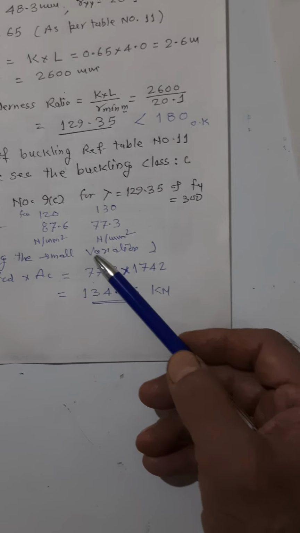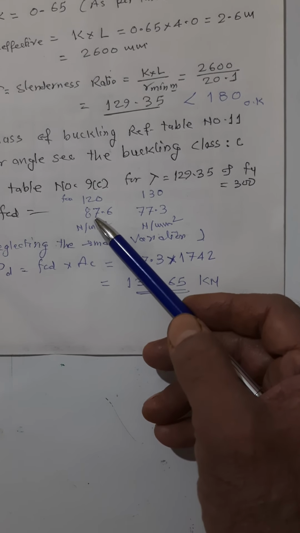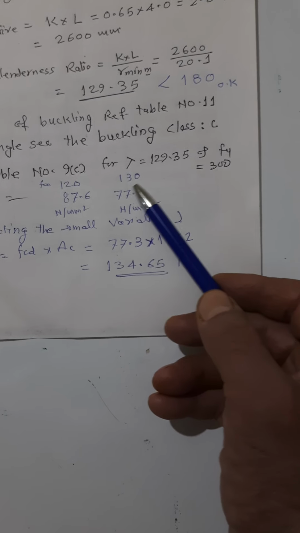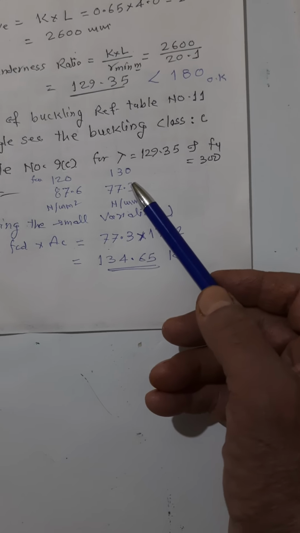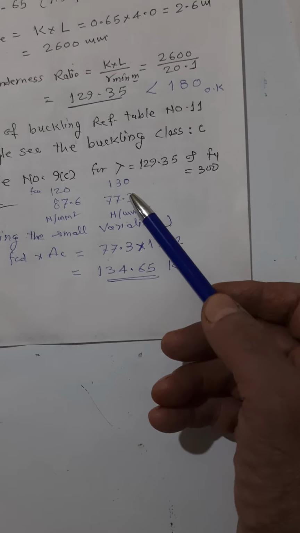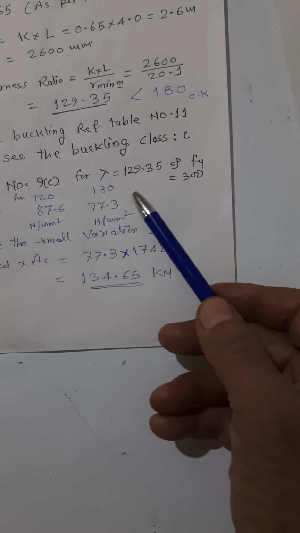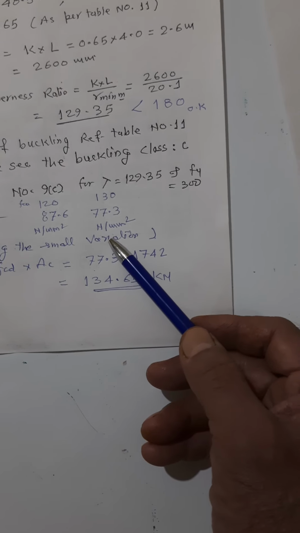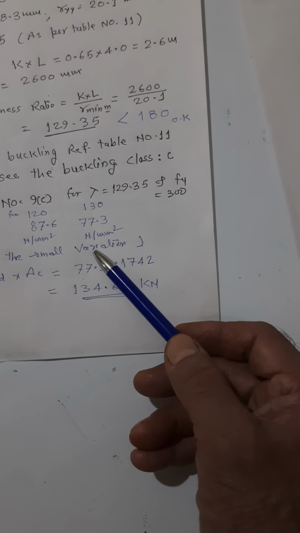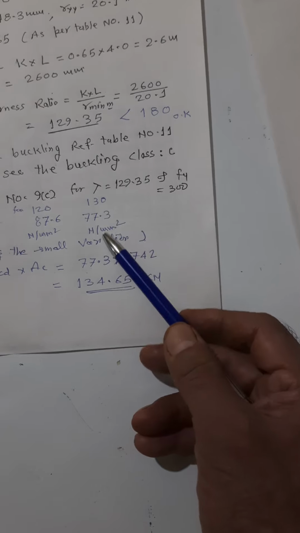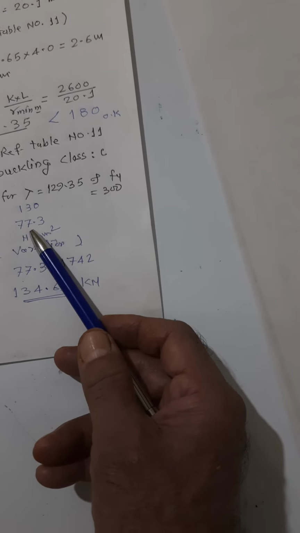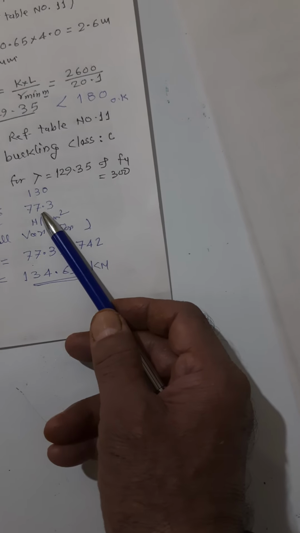Pick up the value for 120 and 130. But the difference is very small, that is 0.65. We can, without any interpolation, go for the value of FCD as that for 130. So we can say it is 77.3.